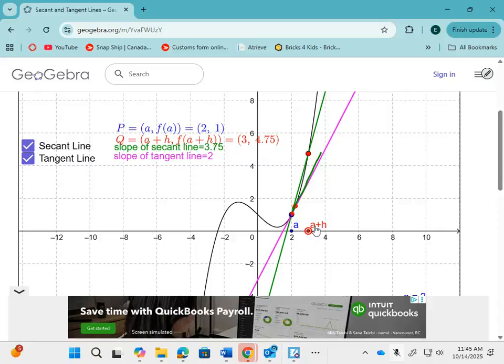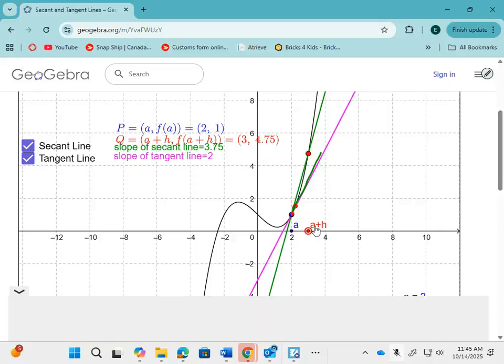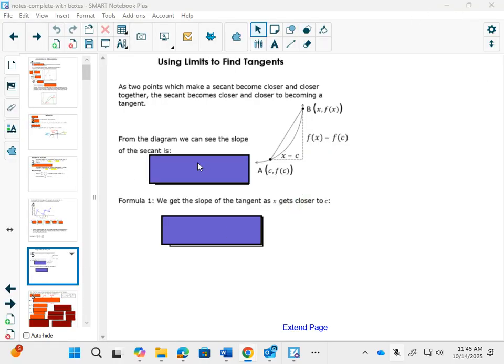And that's exactly what's going to happen. So if we take 2 points on our line, one of them at c and one of them at x, this distance here would be your change in x, and this distance here would be your change in y.